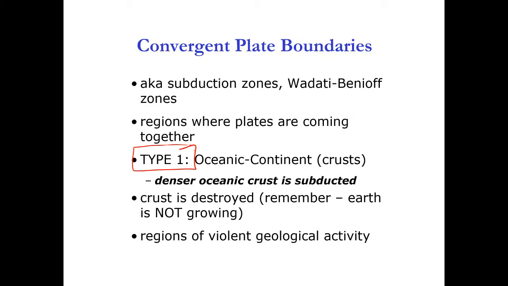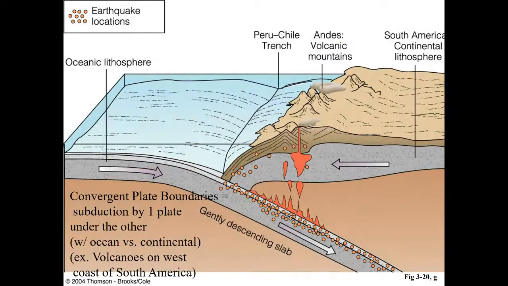Type 1, we're going to talk about an oceanic crust versus a continental crust. Now remember, an oceanic crust is more dense, so that's going to be the one doing the subduction. You will then get a tectonic event and violent geologic activity.